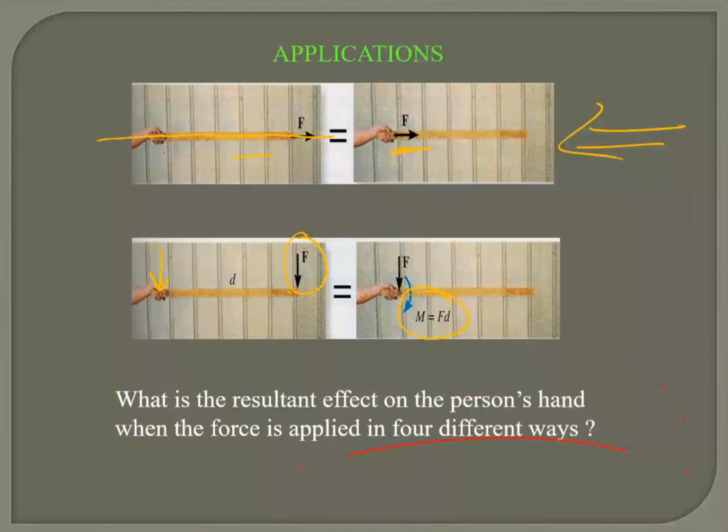If you move the force along the force line, like shown here, there's no need to create a couple moment. But if you move your force from one point to another, you need to create a couple moment to make the system equivalent. Is that clear?